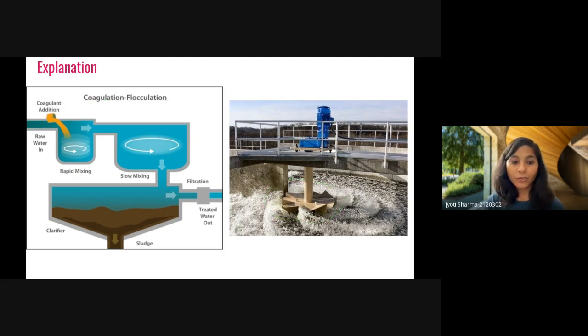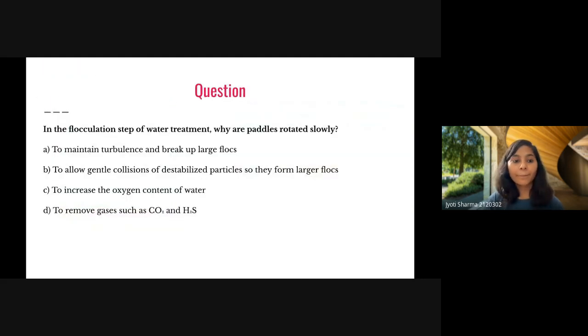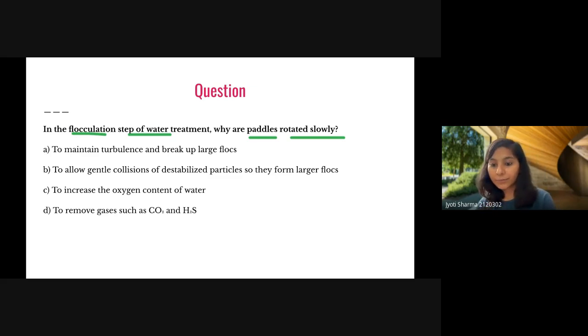We have some questions on flocculation. So the next question is on flocculation. In the flocculation step of water treatment, why are paddles rotated slowly? To maintain turbulence and break up large flocs, to allow gentle collision of destabilized particles so they form large flocs, to increase the oxygen content of water, or to remove gases such as carbon dioxide and hydrogen sulfide.